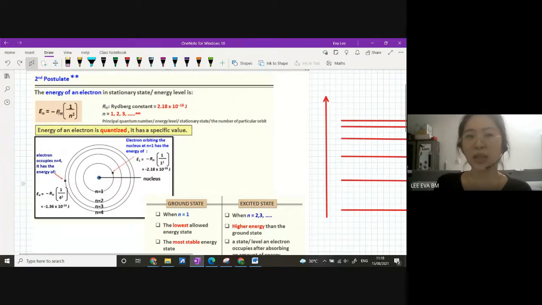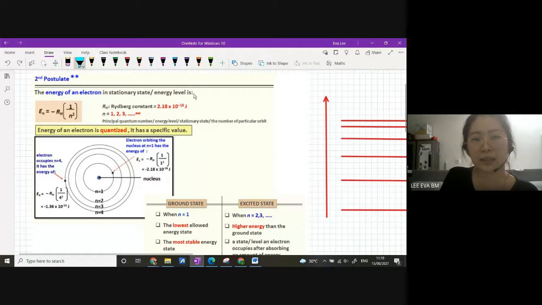Okay, so RH represents your Rydberg constant, 2.18 times 10 to the power of negative 18 joule. Here the unit is very important. Okay, unit is very important. Why do we say so?